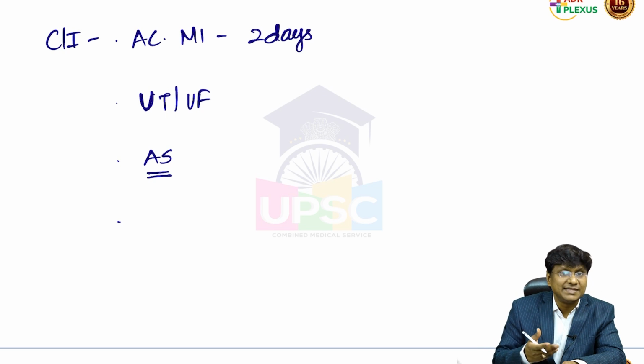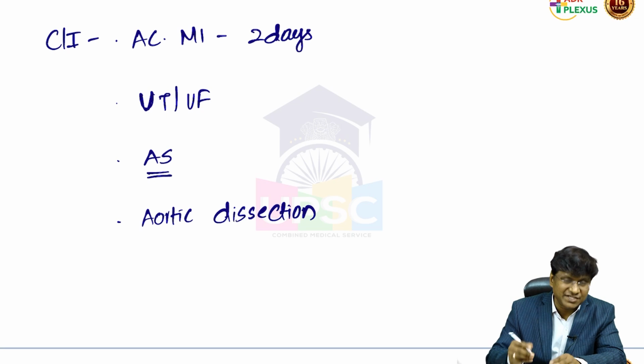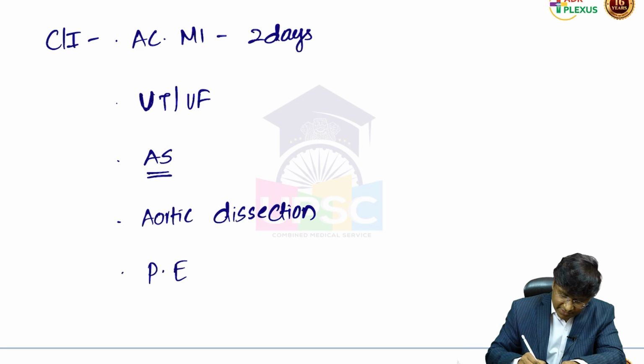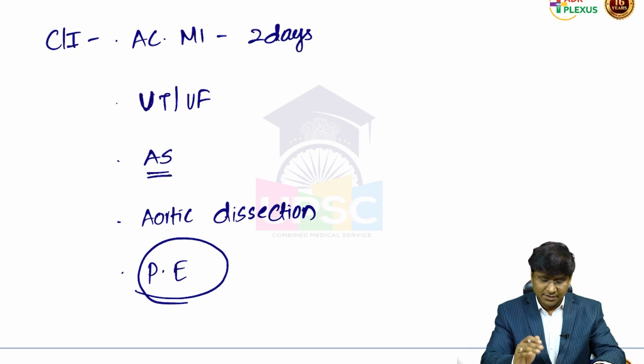And next is the presence of massive pulmonary embolism. This is also an absolute contraindication for the stress test or the treadmill test.